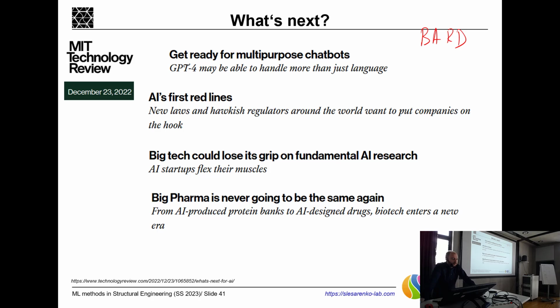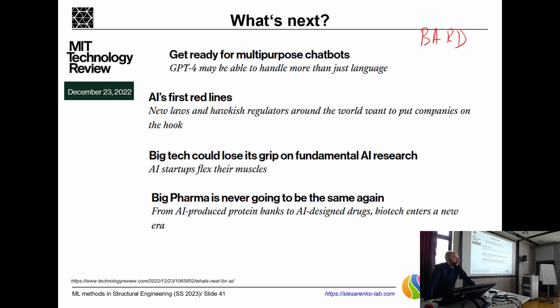AI's first red lines: new laws and hawkish regulators around the world want to put companies on the hook, and that's exactly what's happening everywhere, especially in Europe right now. Regulation here is a little bit strange, in my opinion, a little bit mental, but let's see. Big tech could lose its grip on fundamental AI research, and that's actually quite true. Right now, more and more small companies and even open access models you can find on the internet.